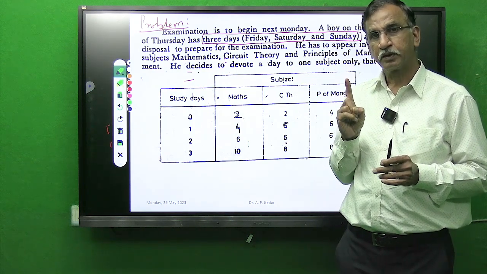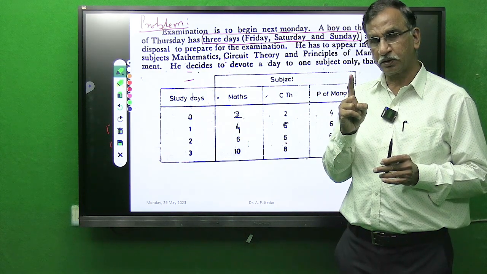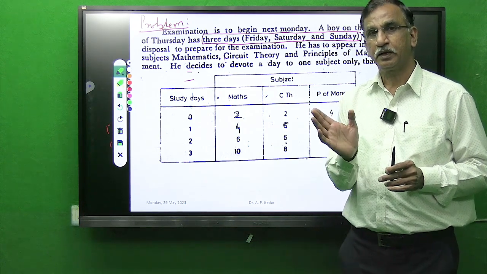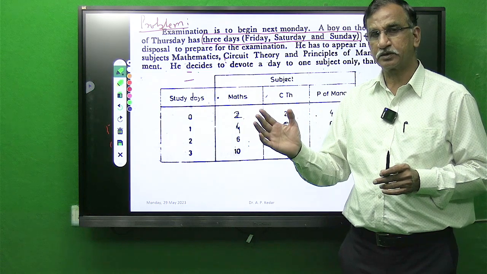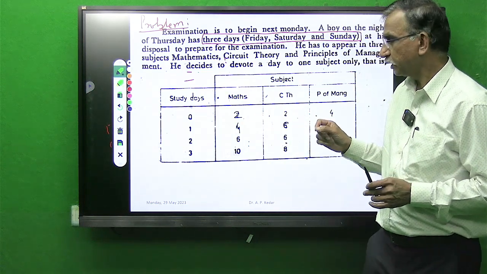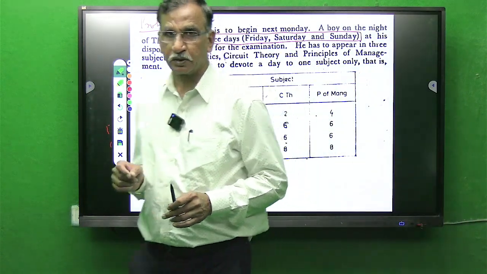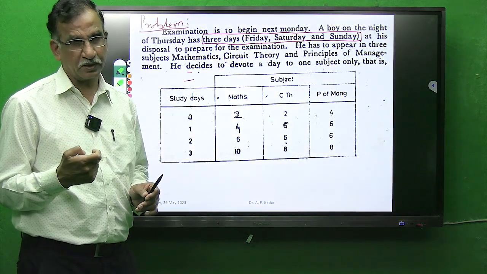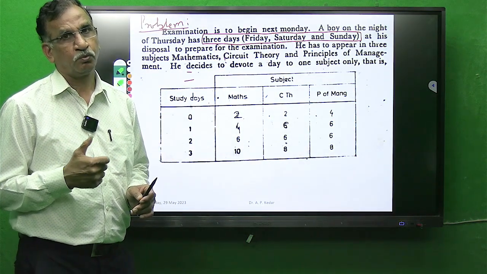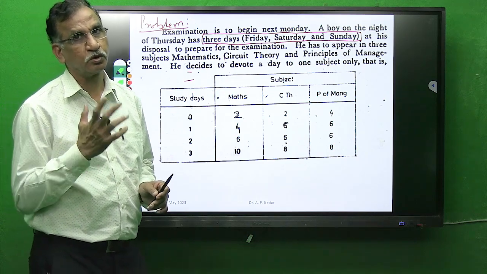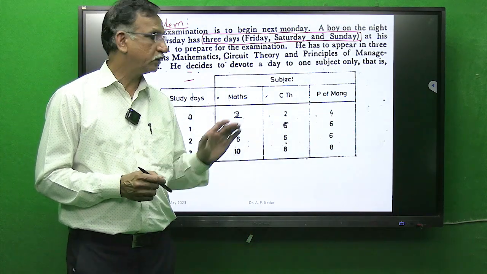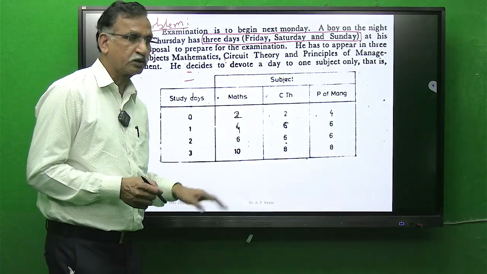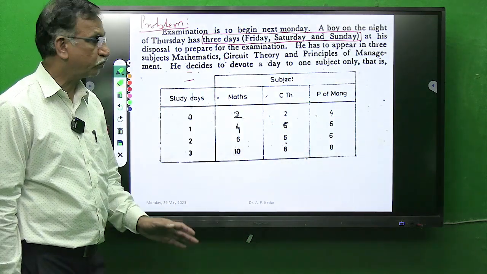But one condition: he has to devote an entire day, that is very important. He cannot say half day this subject, half day that subject. The condition is he has to devote either 1, 2 or 3 days to the 3 subjects, and the objective is to maximize his grade points from this decision. So how to tackle?